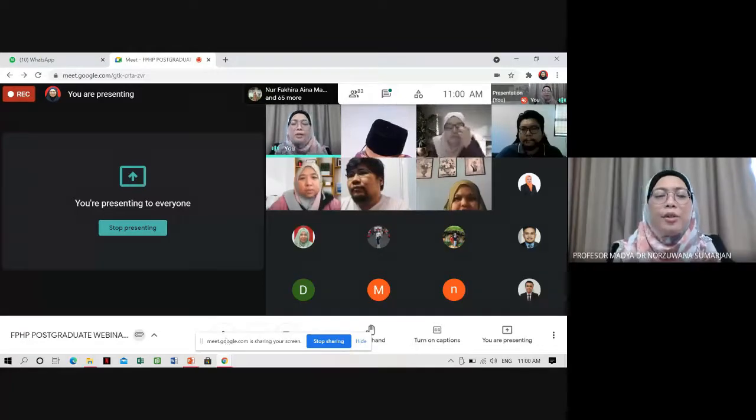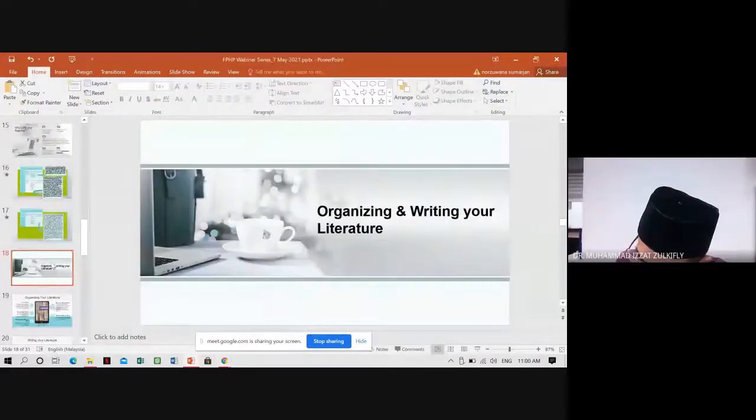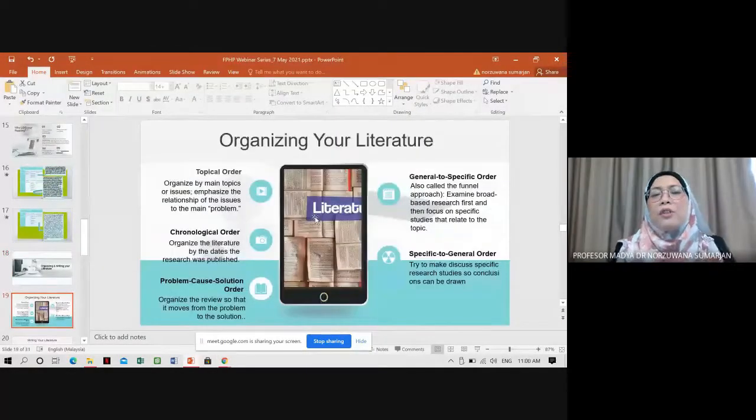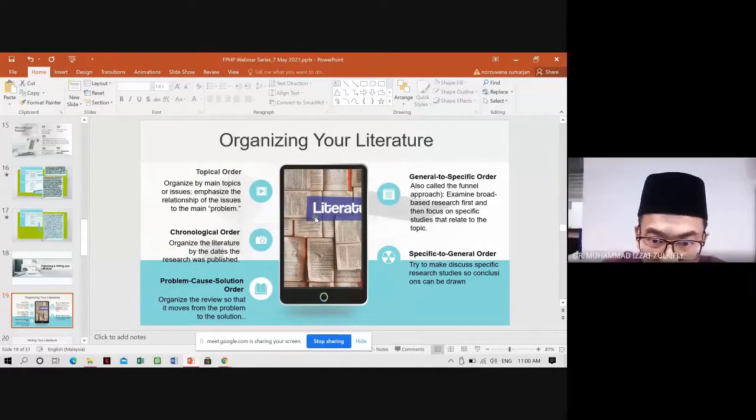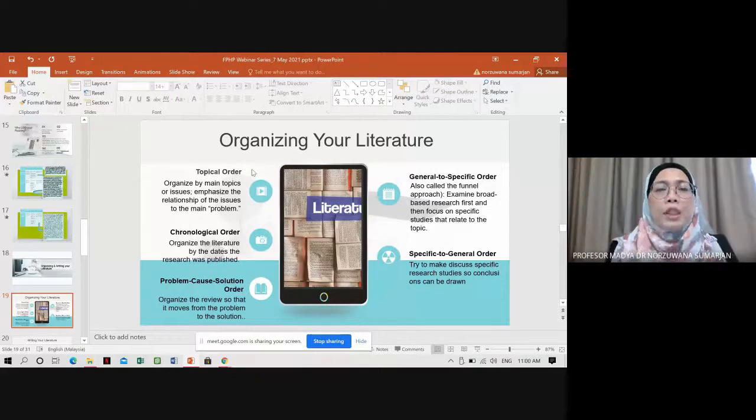So what we can do is look at how to organize your literature. There are so many ways you can organize it. You can organize your literature according to topical order. This is from the word topic. It means you organize your literature by main topics or issues, and emphasize the relationship of the issues or the topic to the main problem.